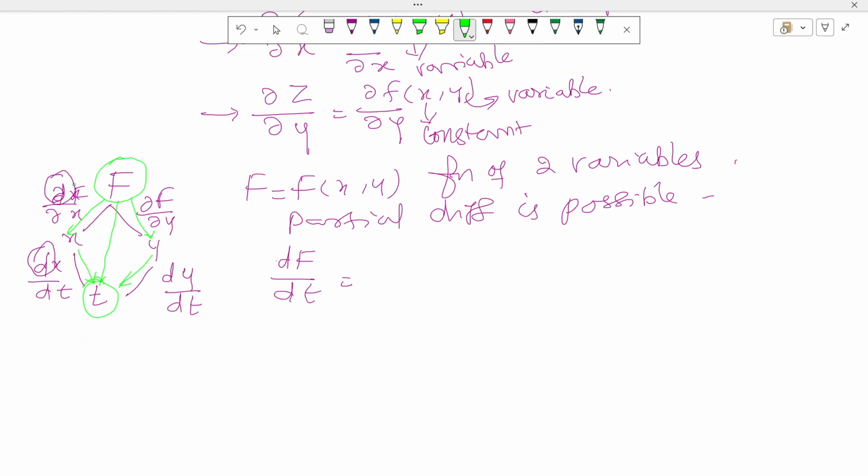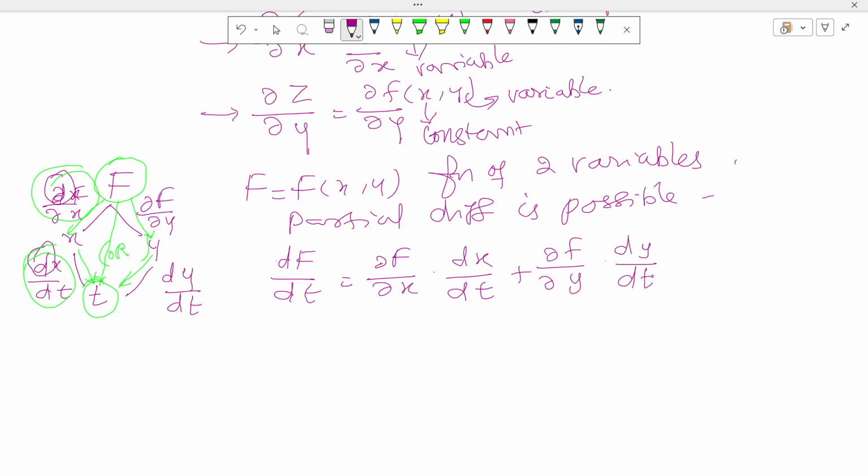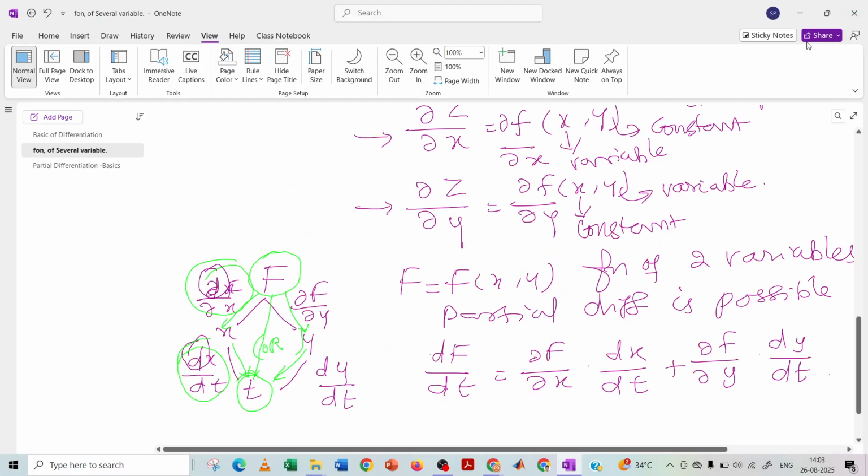If you write this combination, then we will get the answer. That means dou f by dou x into dx by dt plus dou f by dou y into dy by dt.